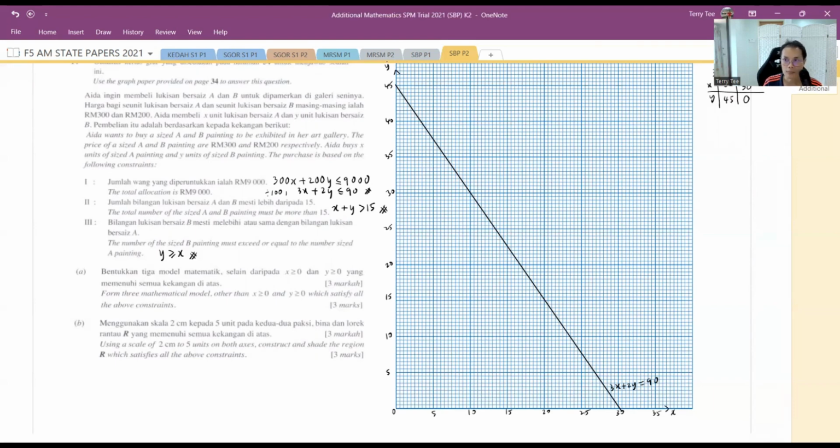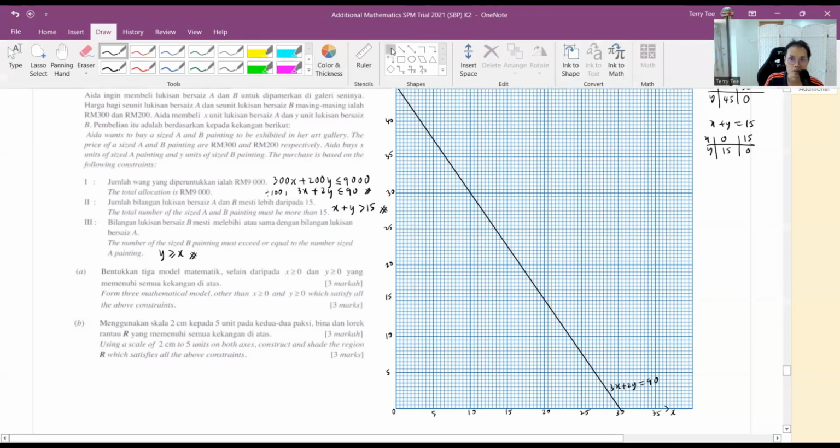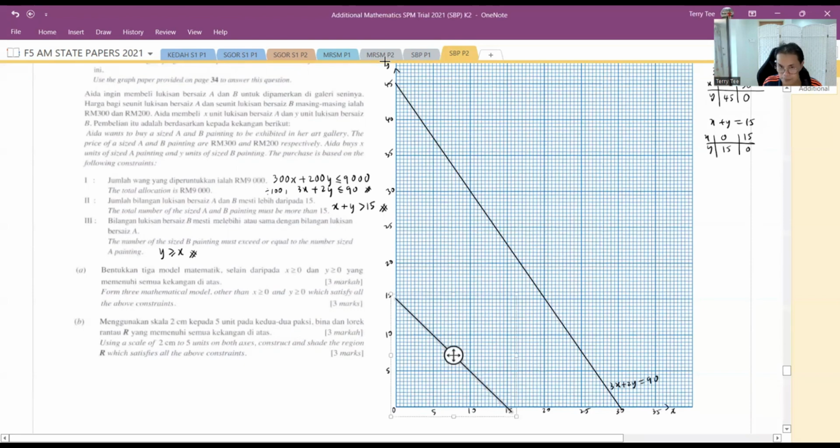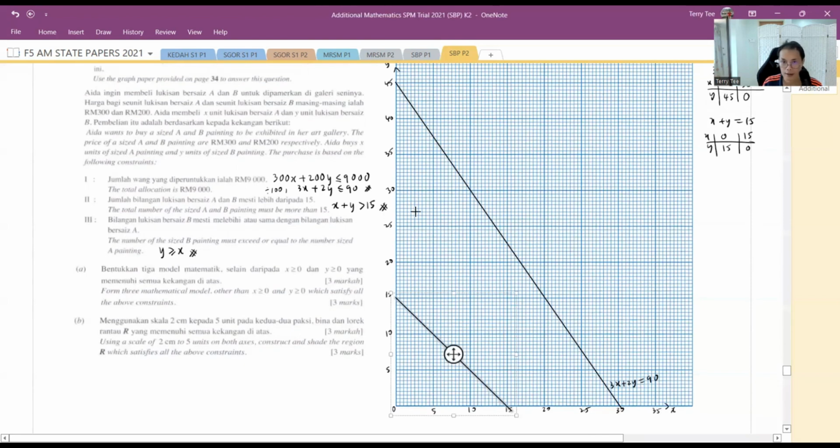The second one, I'm going to use x plus y equals 15. Table values: x equals 0, y is 15; y equals 0, x is also 15. Since this is a dotted line, not a straight line, I will have to change my line.